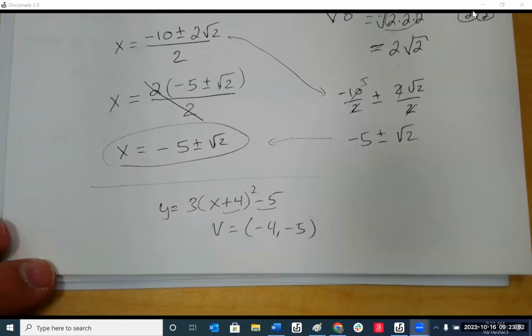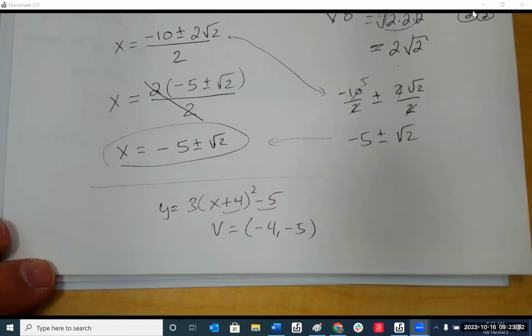We know in standard form, the y-intercept is the constant. What's the y-intercept of this one? It's not negative 5. Because how do you find the y-intercept? Set x equal to 0 and then solve for y.